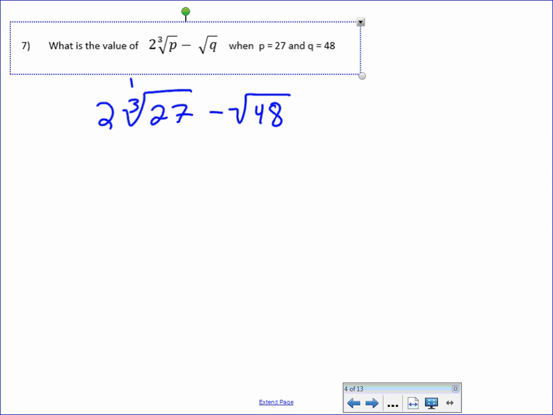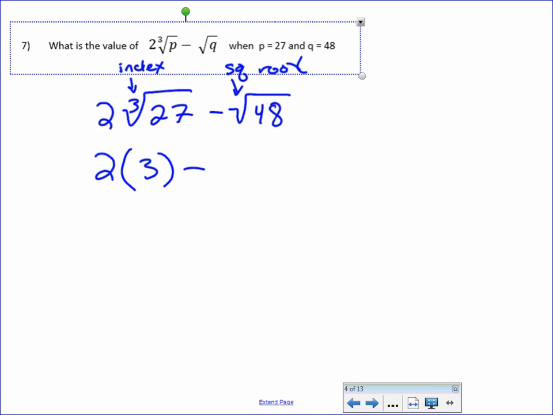Remember, if you see a little number here, that's called the index. And that means if you see a 3, that's a cube root. If there's no index, that means it's a square root. And if you evaluate this, this is 2 times 3 minus, and at this point, as the year goes on, we'll teach you how to write square root of 48 as a radical.